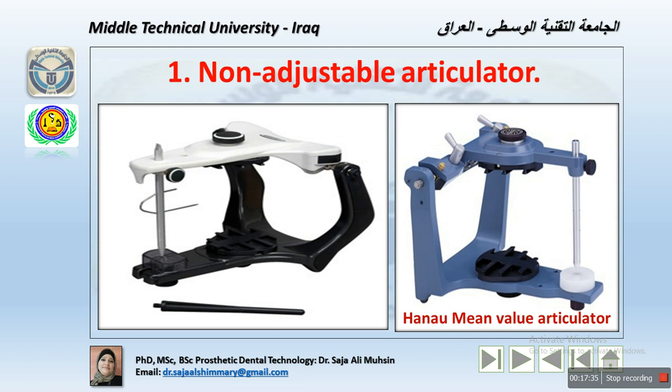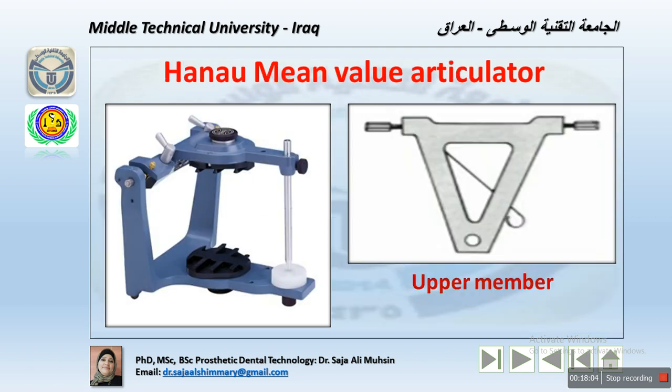In this Hanau Mean Value articulator, the condylar guidance, that means the glenoid fossa, is attached to the lower member, and the condylar element, which mimics the mandibular condyle, is attached to the upper member. Okay, this is different from the real one, of course, but what we have now to discuss is related to the upper and lower member.